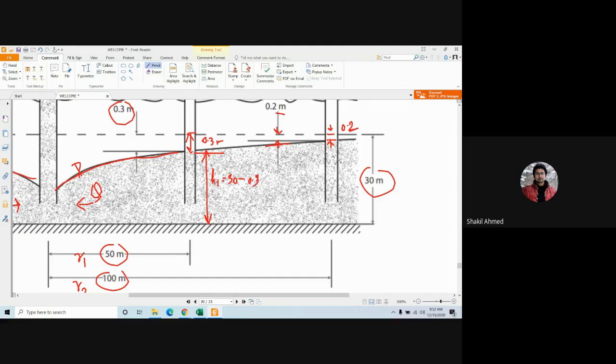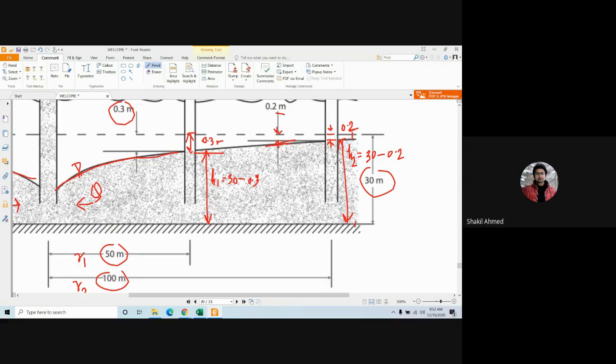Similarly, H2 is from the bottom, and that is 30 minus, oh, I'm sorry, I'm doing the wrong thing. Not from there. Here, H2 is here, right? So H2 equals 30 minus 0.2.